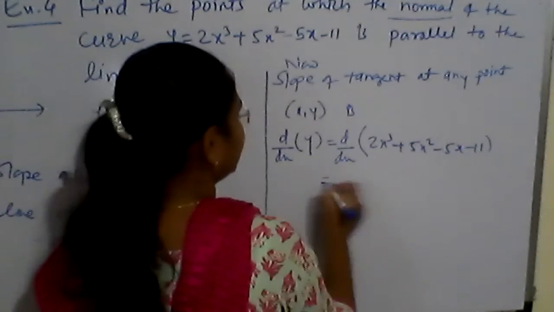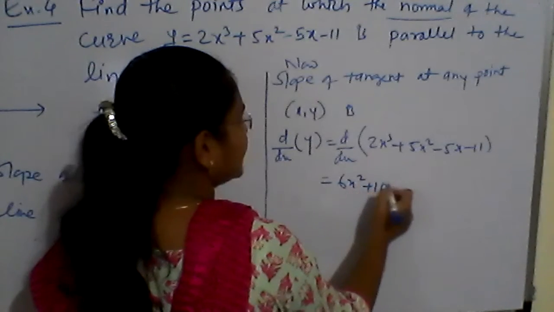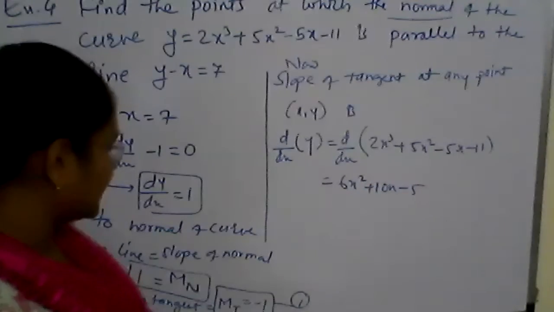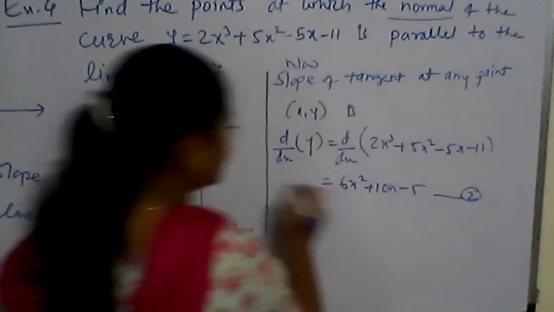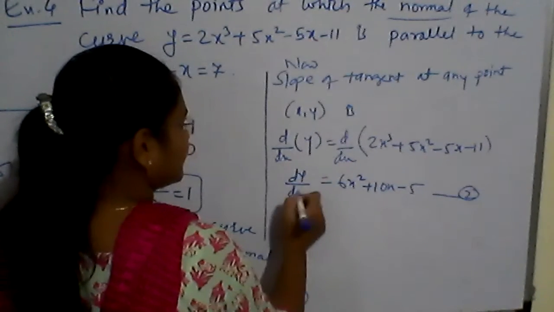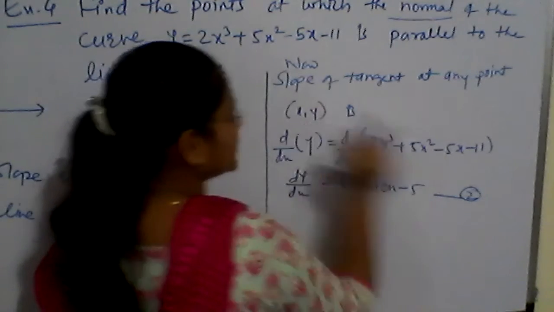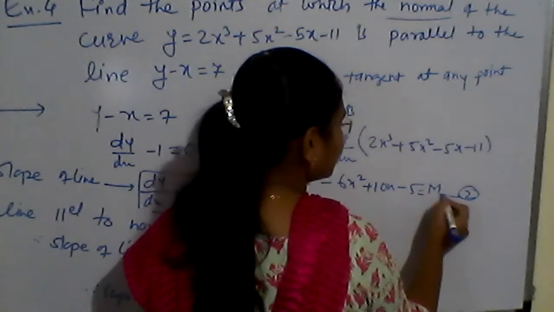So what is the derivative then? 6x square plus 10x minus 5. Yes. Now from 1 and 2, this is nothing but the slope of the tangent at any point x comma y, so we can write it equal to mt only.